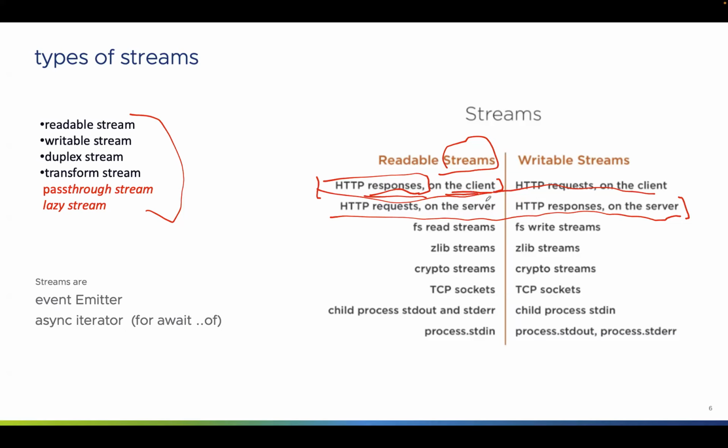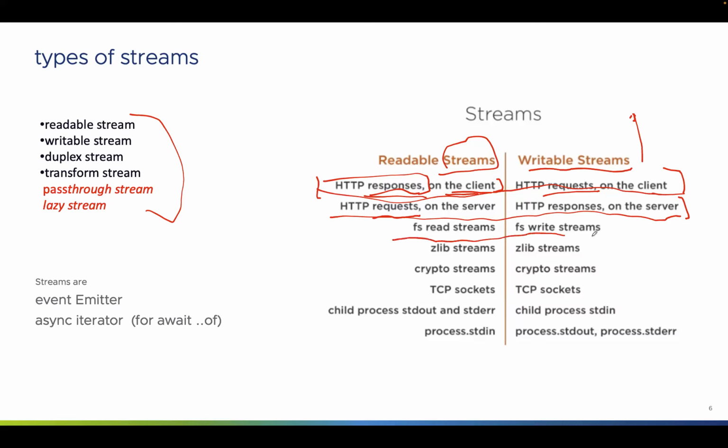On the contrary, the request message, when you're standing on the client, is an outgoing message. So you write your request to the writable stream, and then to the underlying socket. It really depends on your perspective of observation.